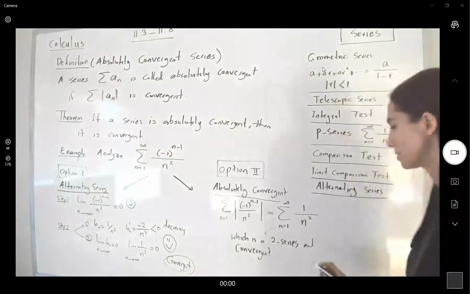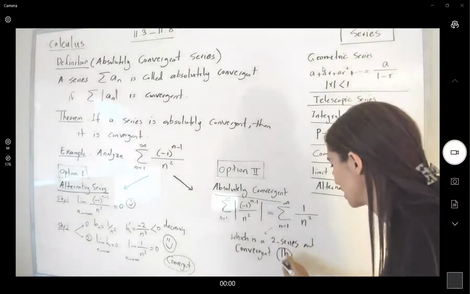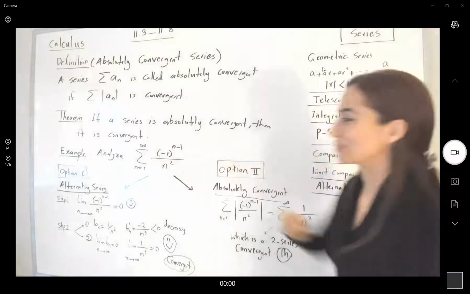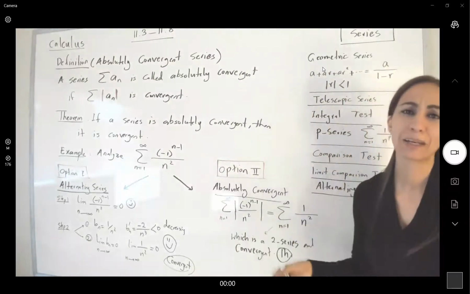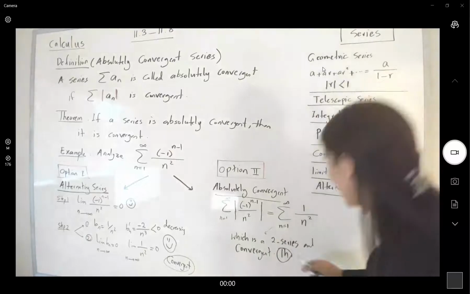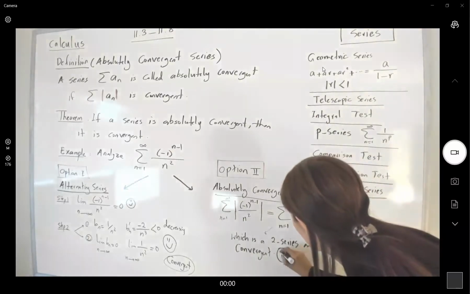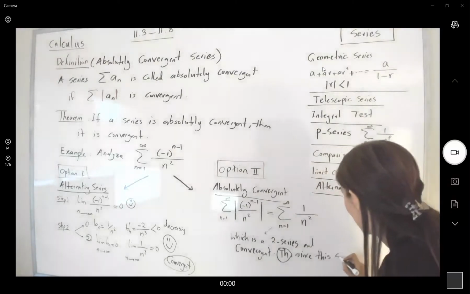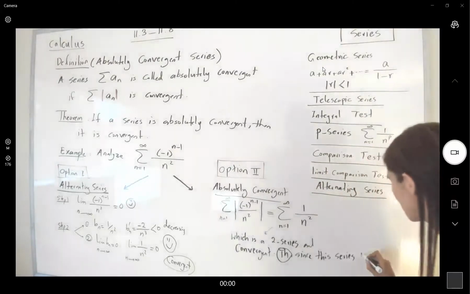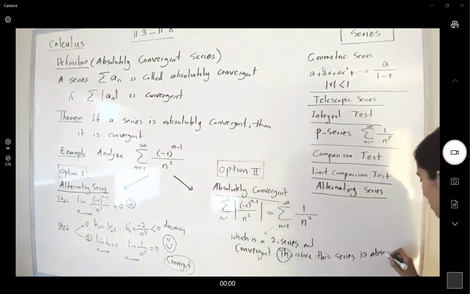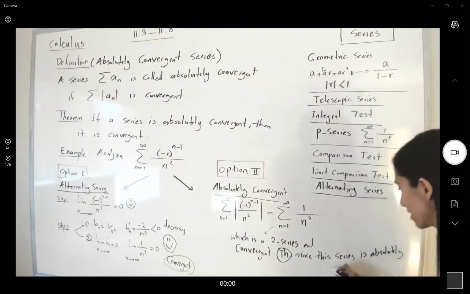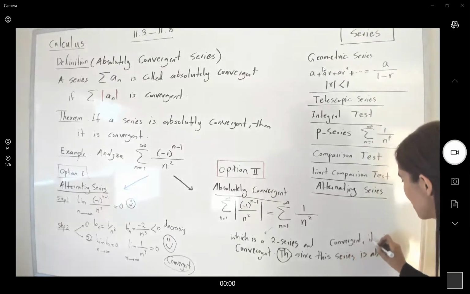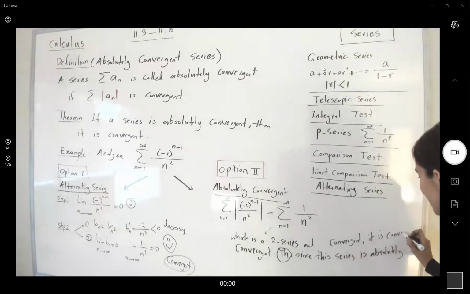The theorem says, since this series is absolutely convergent, it is convergent itself.